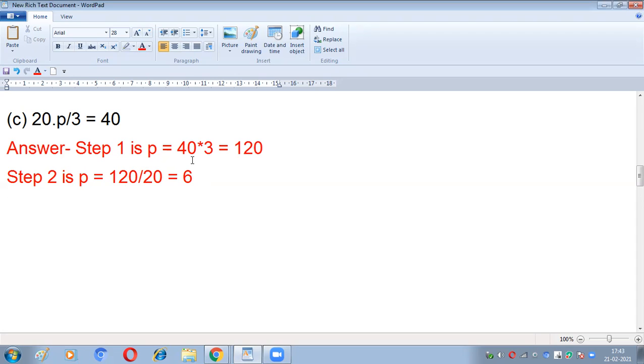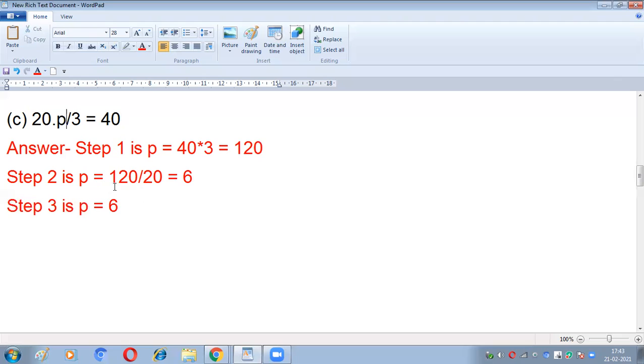Friends, if you want to check it, we will check also. Step 3 is that finally we have got the value for P, which is equal to 6. How will we check this equation?